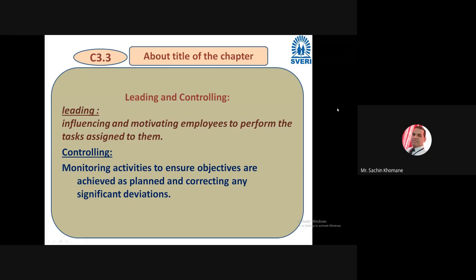If the task is given and within less time you are able to get the work done from them, it means you are leading very nicely. You are doing very nice work as a manager, because people are listening to you. Employees are getting influenced due to your speech, your training, your guidelines, your direction. So good.